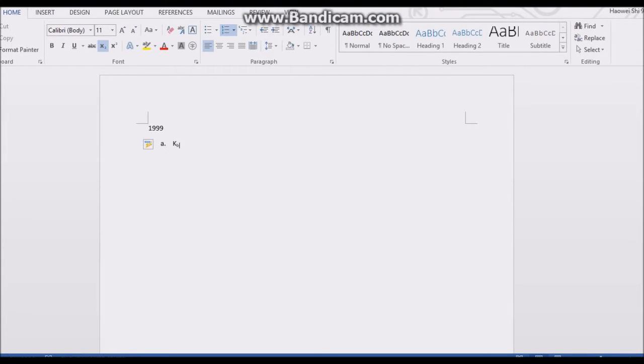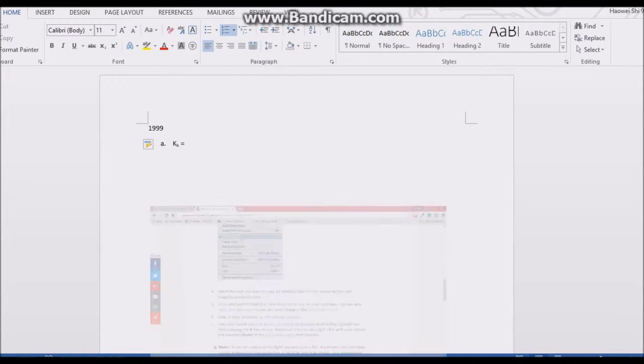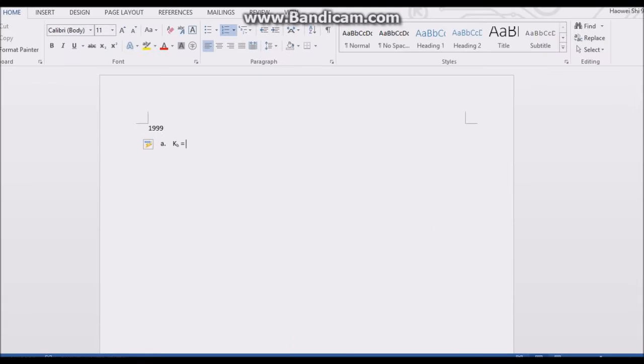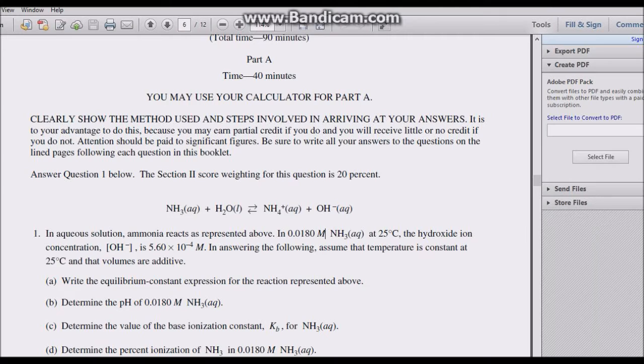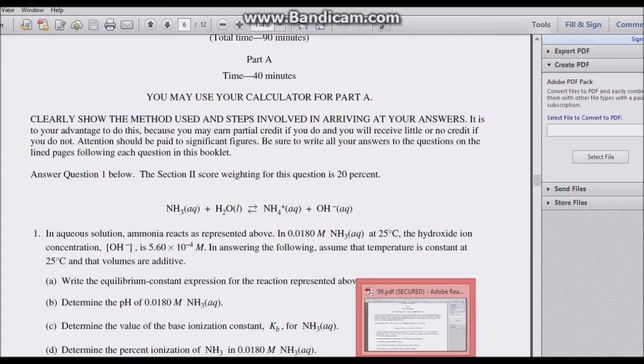Kb equals... for the equilibrium constant of acids and bases, it is products over reactants. Notice that only aqueous species get put in the equation. So H2O is not part of the equation.